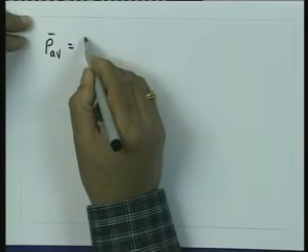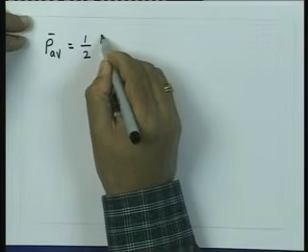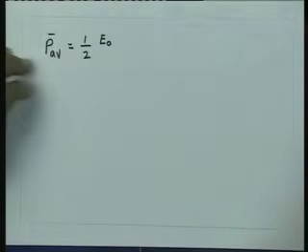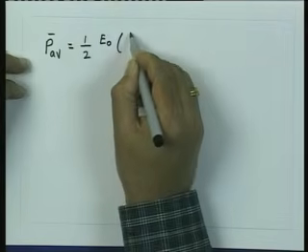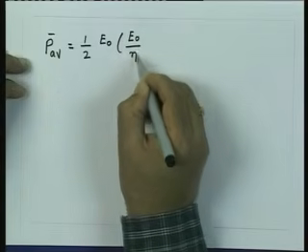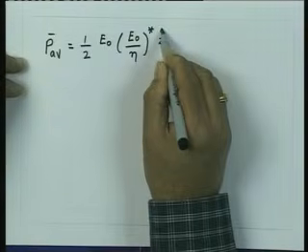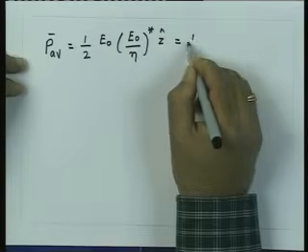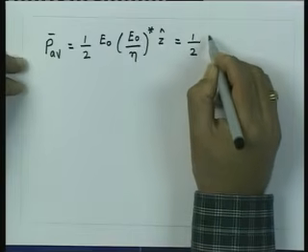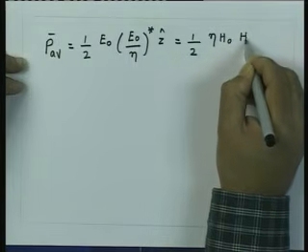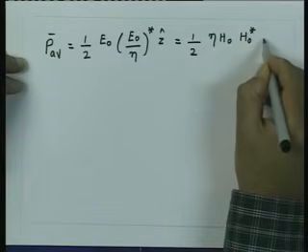So I get the average Poynting vector equal to half of E0 times E0 by eta conjugate in the Z direction, or in terms of the magnetic field, half eta into H0 conjugate into Z.